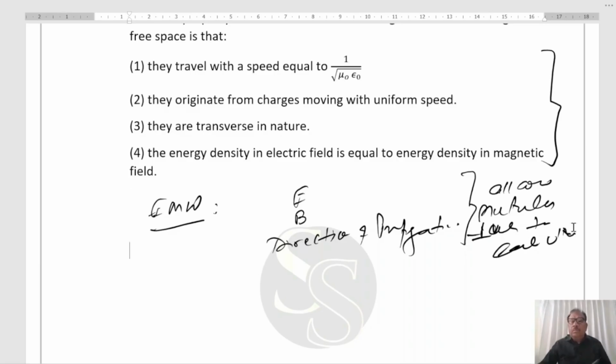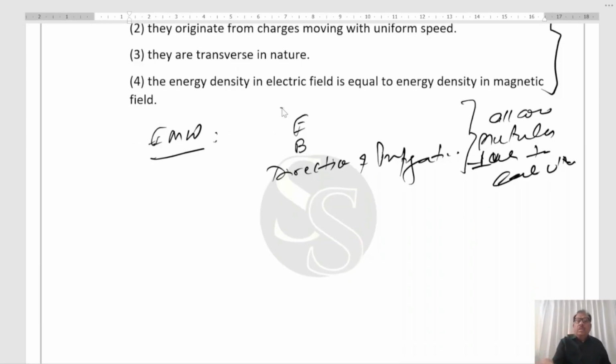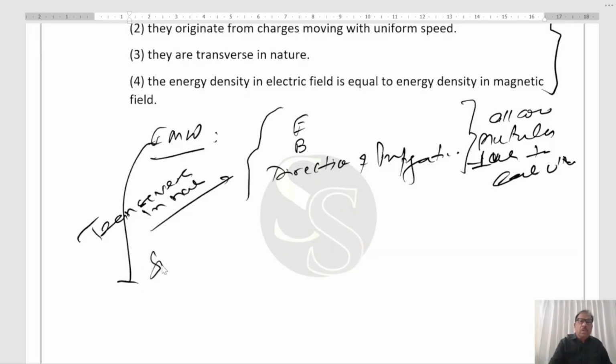And therefore, they are transverse in nature. Source: accelerated charge.